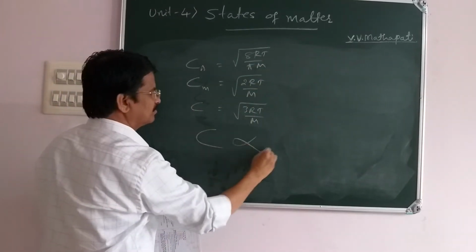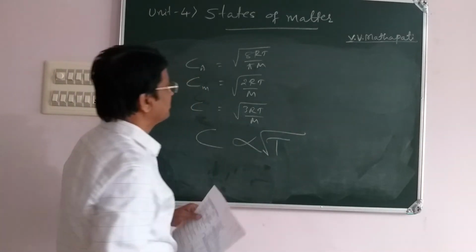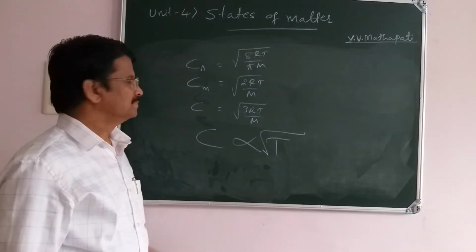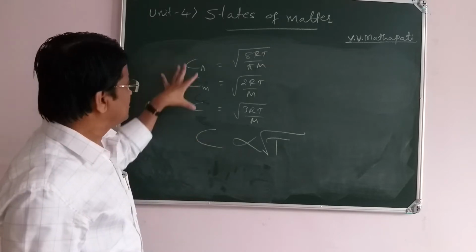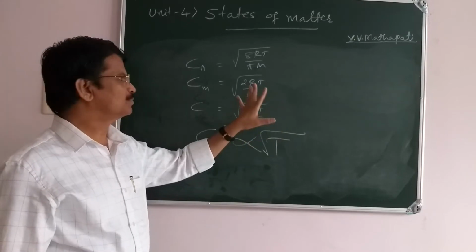Therefore, all types of velocities of gases are directly proportional to the square root of absolute temperature.